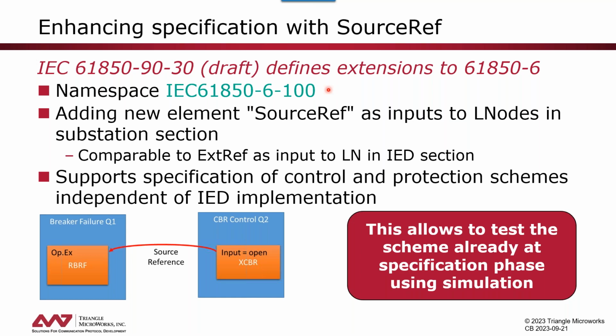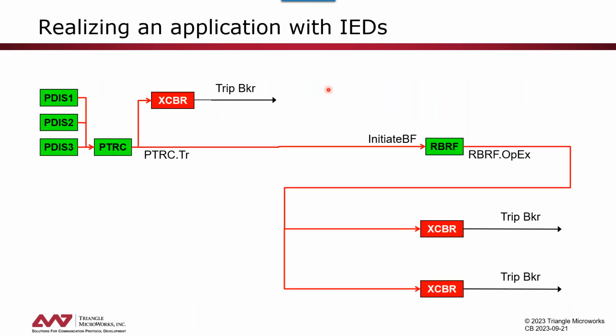So this allows us basically to document the complete application as we see it. We have our logical nodes in the specification, in the substation section, and with the SourceRefs, we can document these internal signal flows, or these signal flows in general, from a specification perspective.